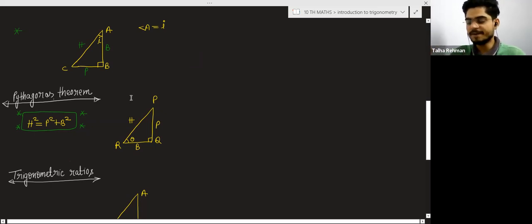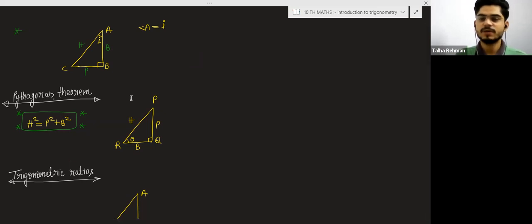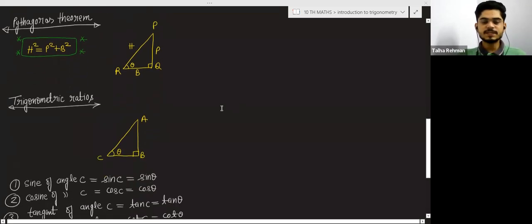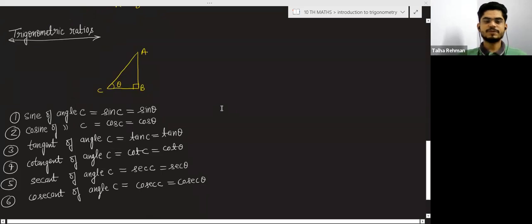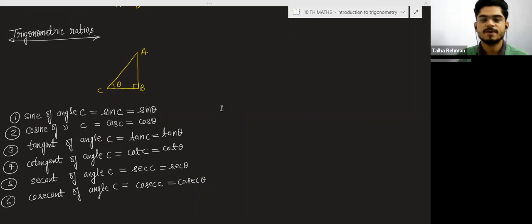You will be given a right angle triangle, one side or an angle will be given, and you have to find the other side, other angle, or other trigonometric ratio. We have six trigonometric ratios: sine, cos, tan, cot, sec, cosec.